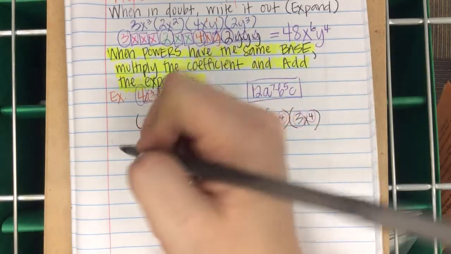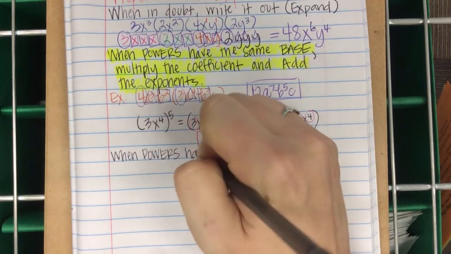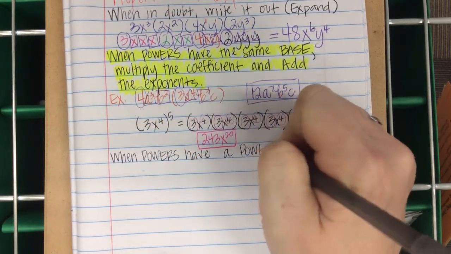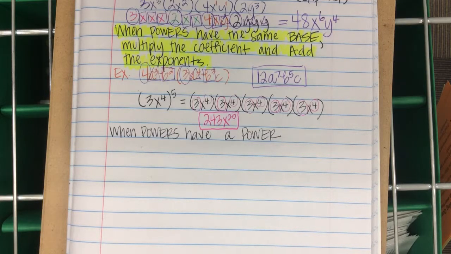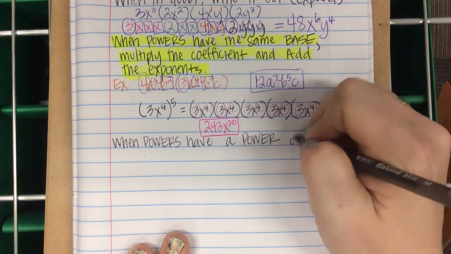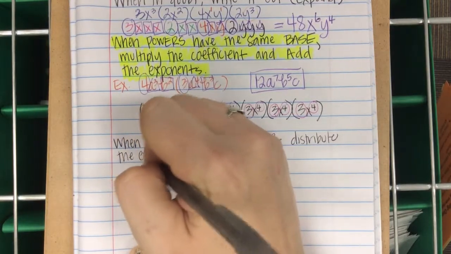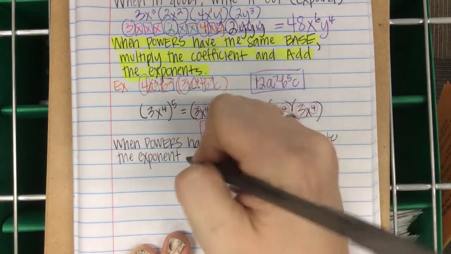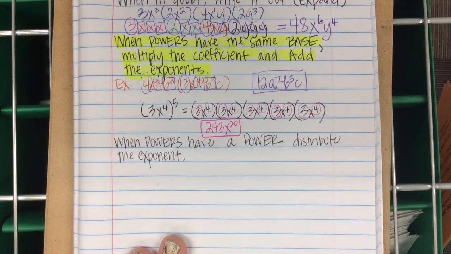There's another rule for this, and this rule is when powers have a power, you distribute the exponent. When powers have a power, you distribute the exponent.